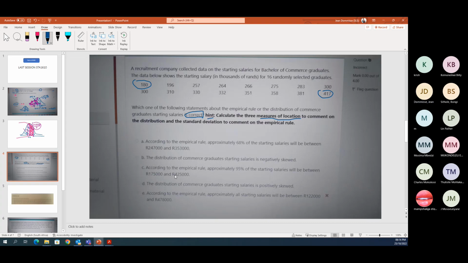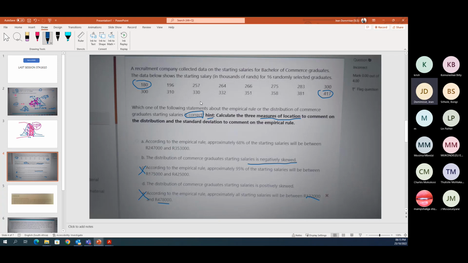If I look at it, 122 does not fall into that, and 478 also not, so that would not have been an answer. 1754254, so also not. So you will probably start to look at that one.